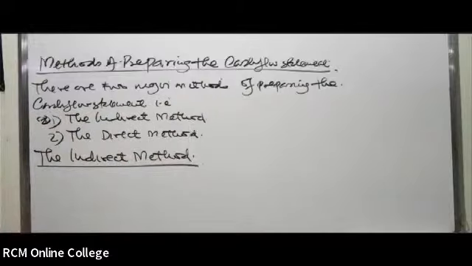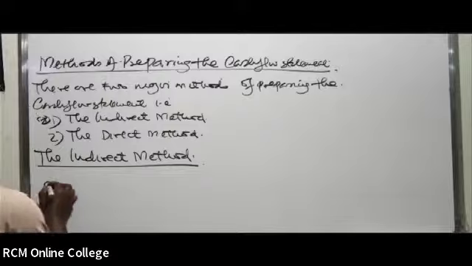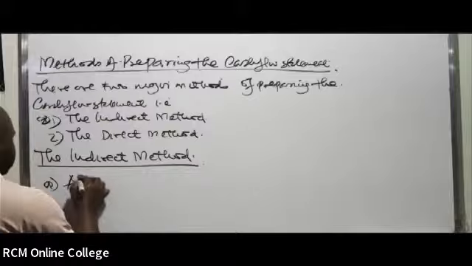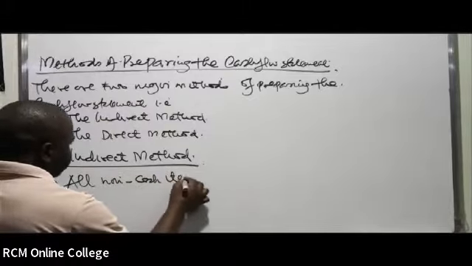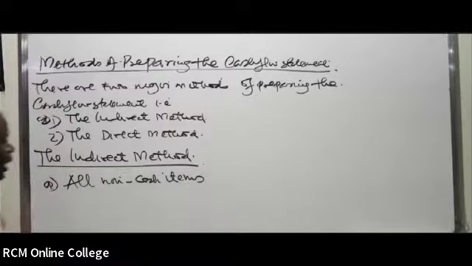With the following: A, all non-cash items. Non-cash items we've defined, like depreciation. So we start with the profit before tax.